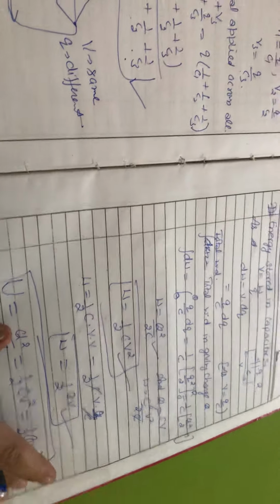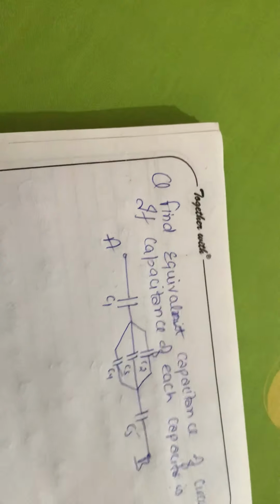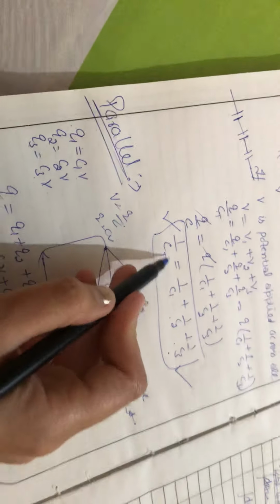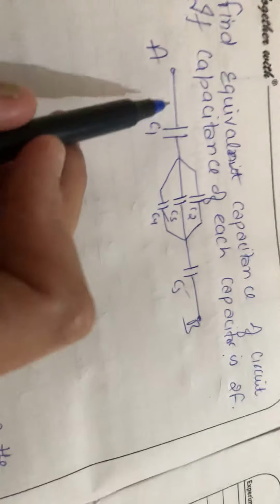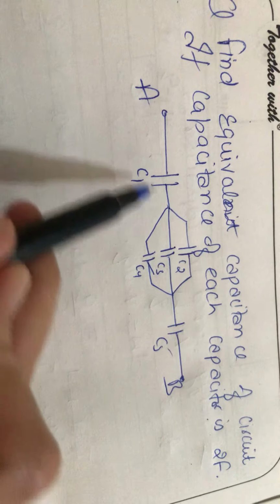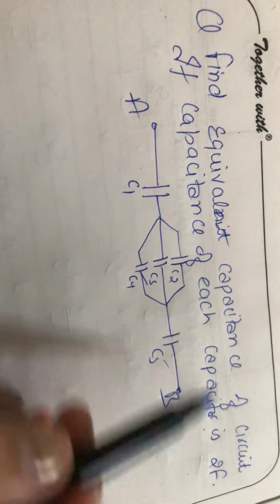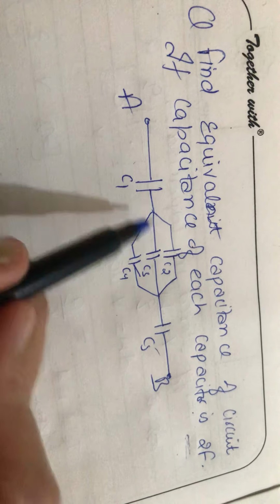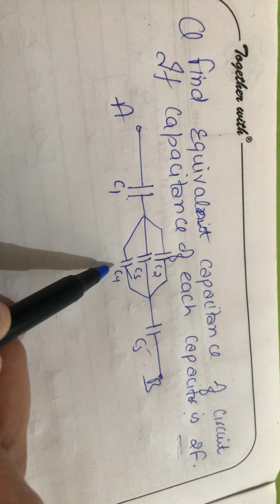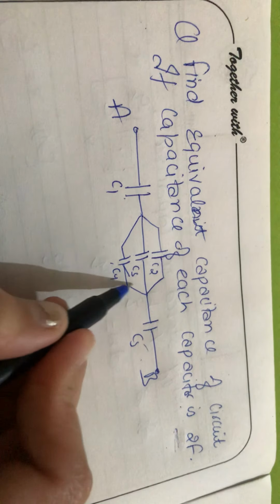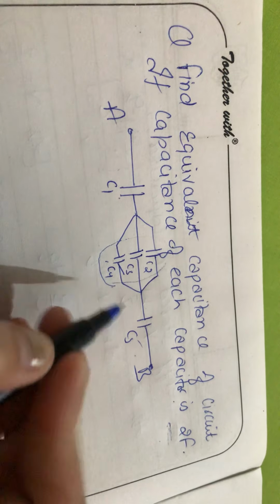Now for homework there will be two questions. First, I have already told you the series combination formula and the parallel combination formula. So here we have a circuit. Each capacitor is of 2 Farad. From this diagram we can see that all these three are in parallel. First of all, solve this parallel combination.